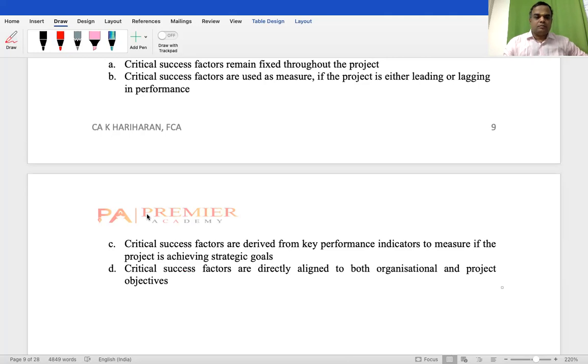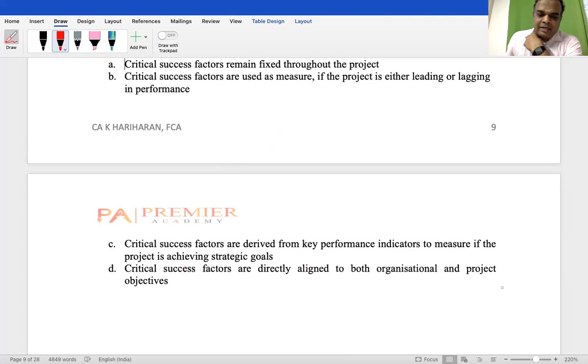B. Throughout the project, success factors are used to measure the project, either leading or lagging performance. But D may be the more appropriate answer.